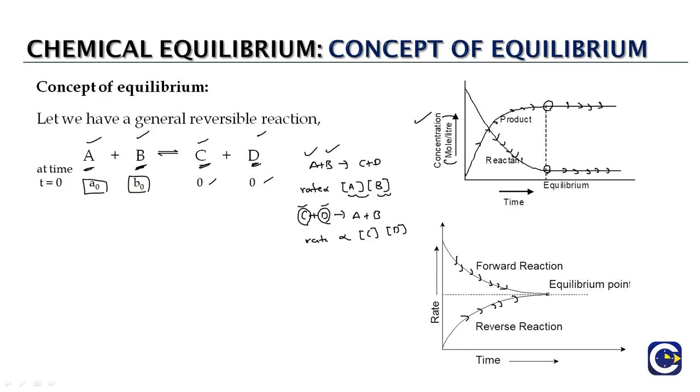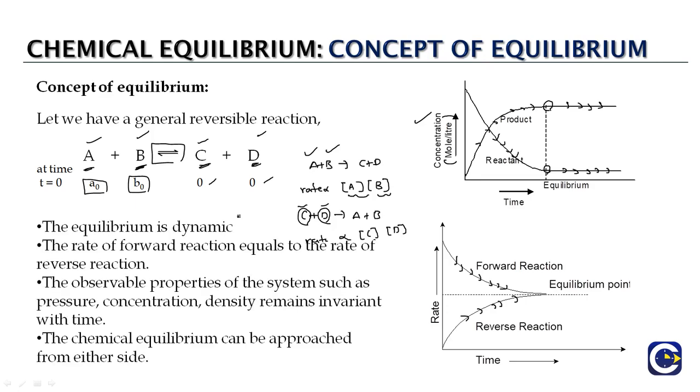At that stage, the rate at which the reactants A and B are getting consumed will be equal to the rate at which they are formed back because of the backward reaction. And this is the reason why we represent every chemical reaction undergoing equilibrium with a double-headed arrow. This is the idea of reaching an equilibrium stage.